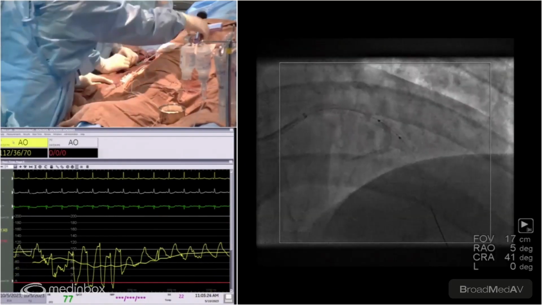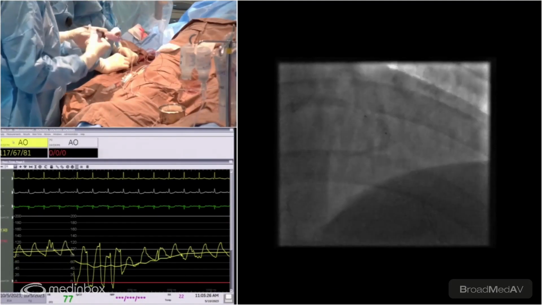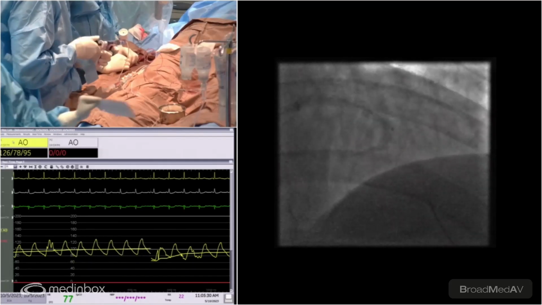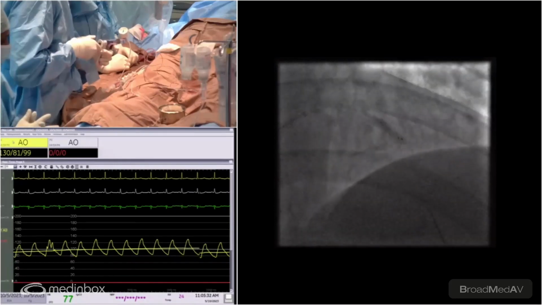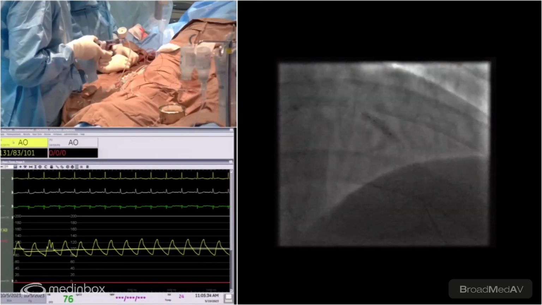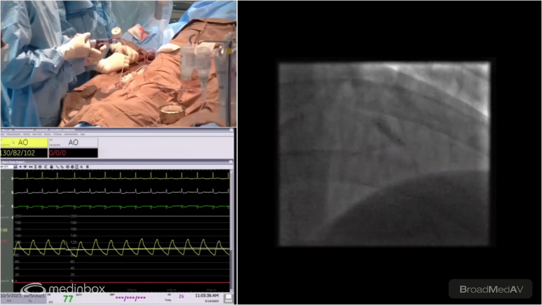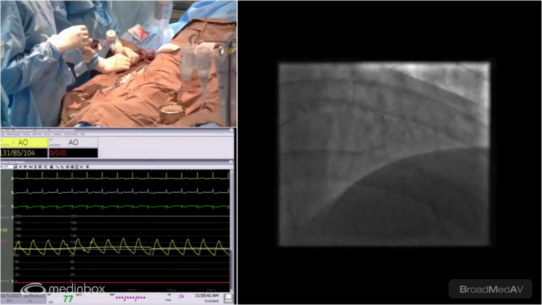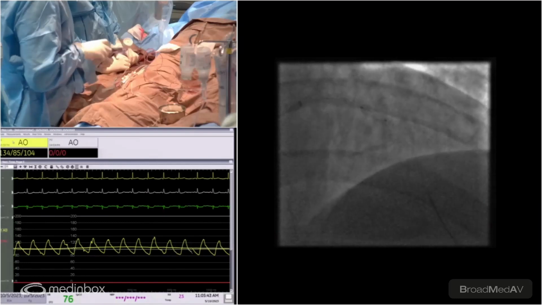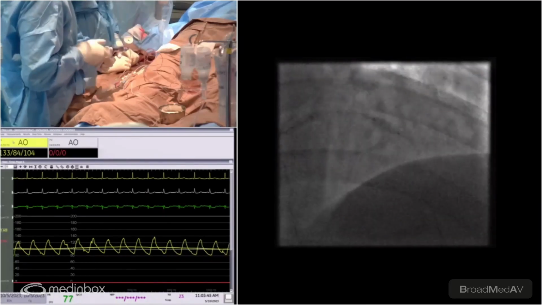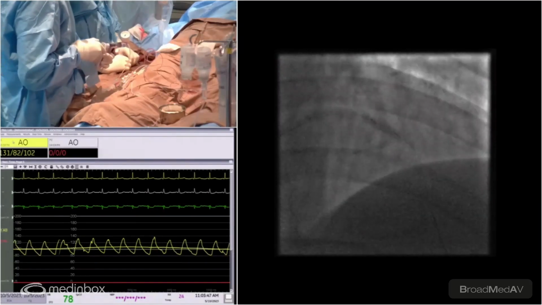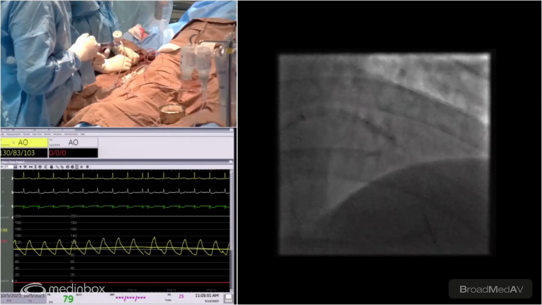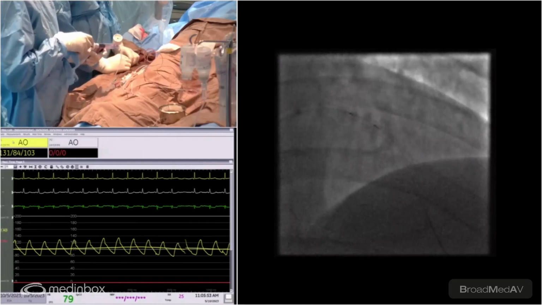Okay, go. 12, 14, 16, 18, 20. So at the distal edge of the new stent, we are going at 20 atmospheres. Go. Waiting for about 5 seconds, 10 seconds at 20 atmospheres. 20. Deflate. Right.